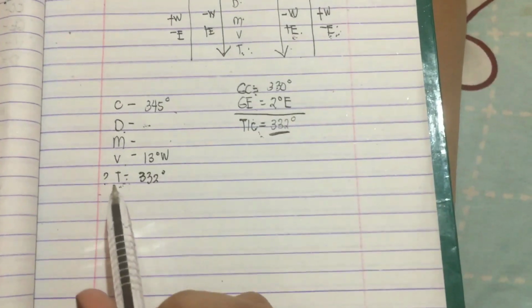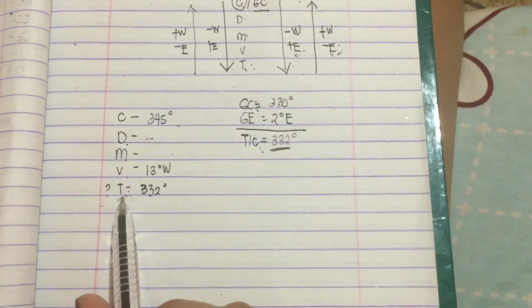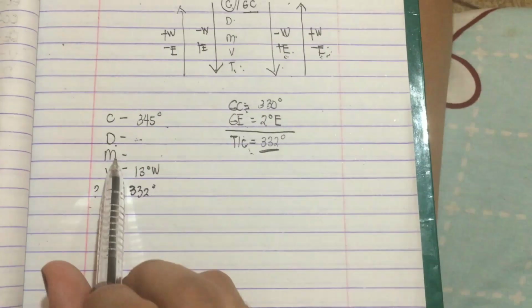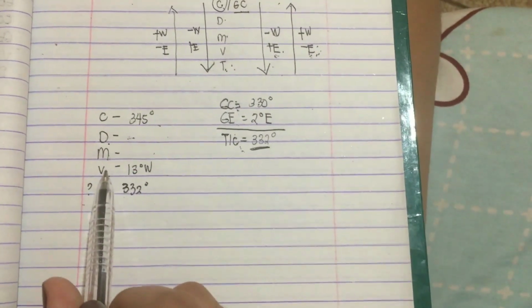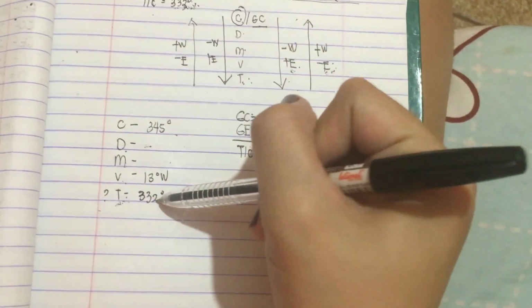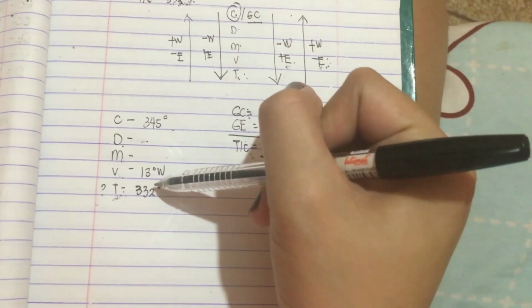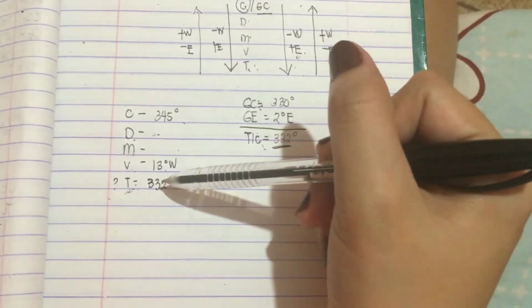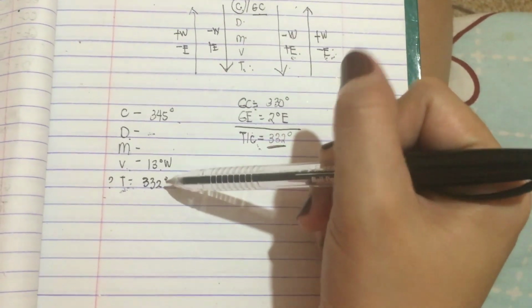Now, since we already have our true course, we can find our magnetic course using the variation and the true course. So 332 degrees and 13 degrees west. Should we add or should we subtract?